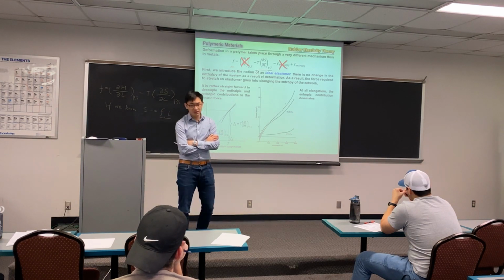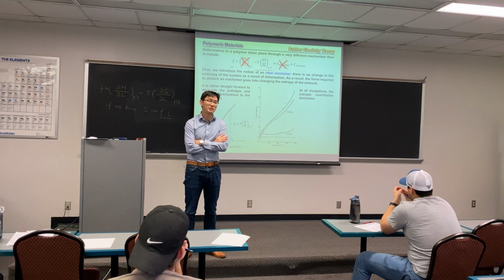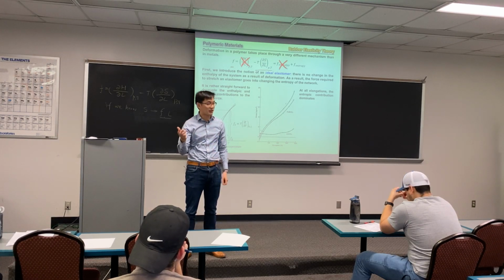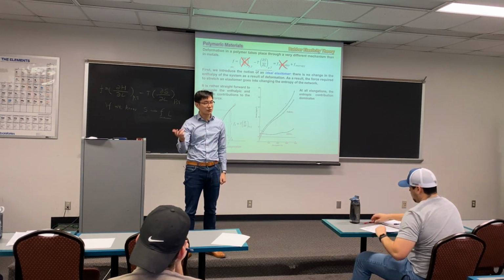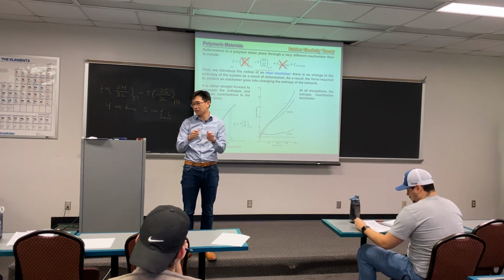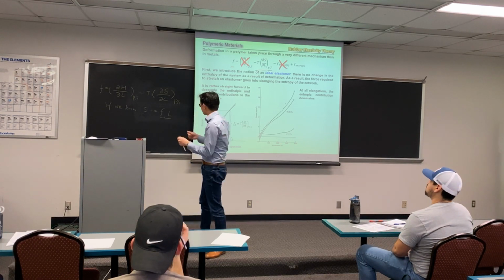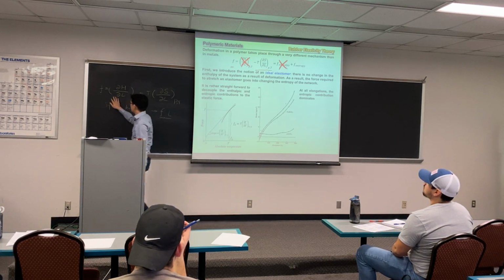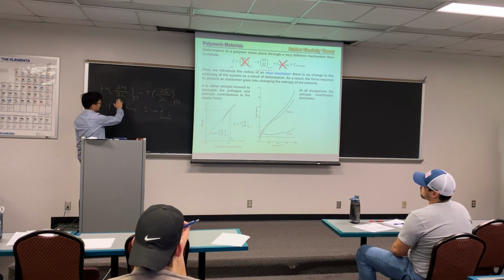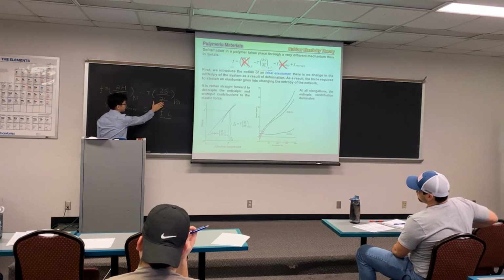So what Sam suggested is, if you know the entropy before you deform a polymer chain, and you know the entropy after you deform the chain, you should be able to calculate the entropy change before and after you stretch a rubber band. And if we knew that, we can apply this very simple equation. Assume this is the ideal elastomer, take away this entropy term, and use this as an approximation.